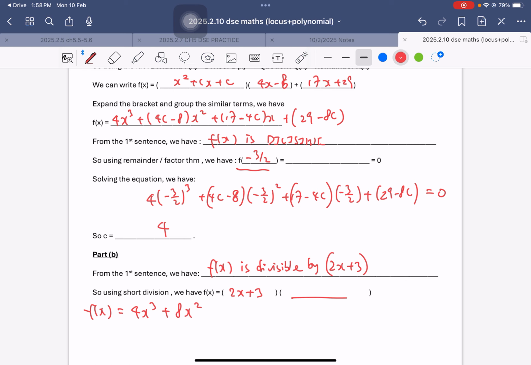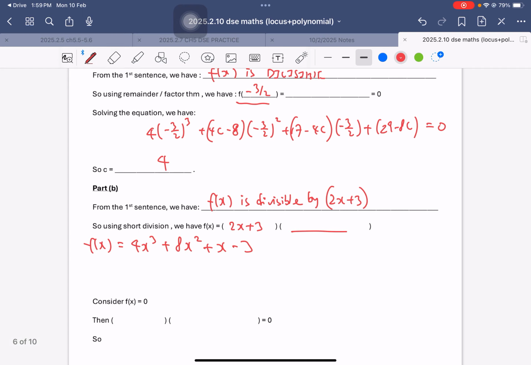So it's just giving you plus x. And then 29 minus 8c giving you minus 3. Now I want to change this formula into 2x + 3 times another quadratic equation.